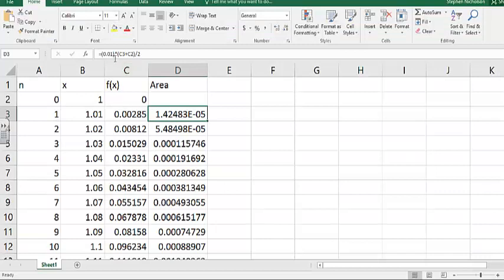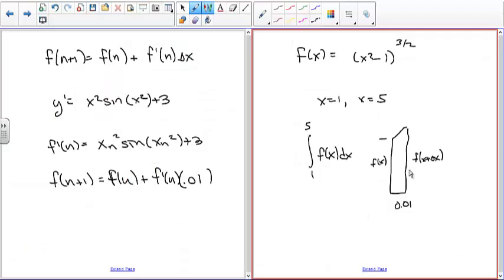So I take the average, this function here plus this function there, average of the two, that gives me the average of the bases, and that gives me the area. And then all I'm doing is stacking all these little trapezoids next to each other, and you see it came out pretty close to the final answer, using what's called the trapezoid rule.